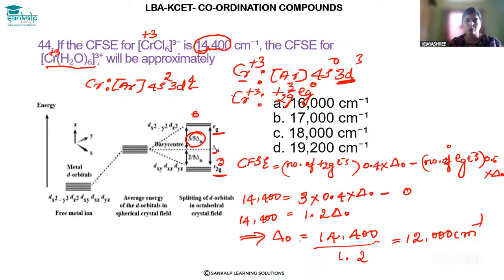Delta naught is equal to 12,000 per centimeter. Okay, we have calculated the crystal field splitting energy.